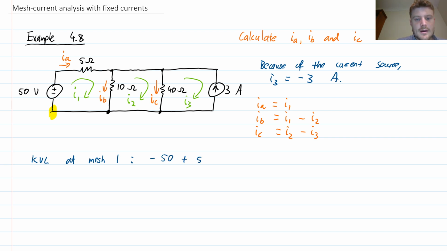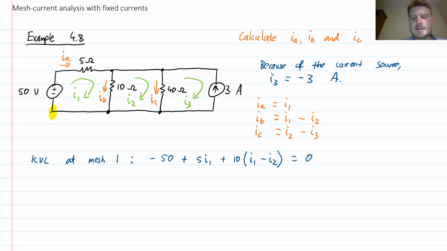We get plus 5 times the current through the resistor, which is I1. Then we approach the 10 ohm resistor, and through it there are two currents: I1 in the direction of travel, and then I2 in the other direction. So minus I2, and that completes our loop, and we're back to 0.